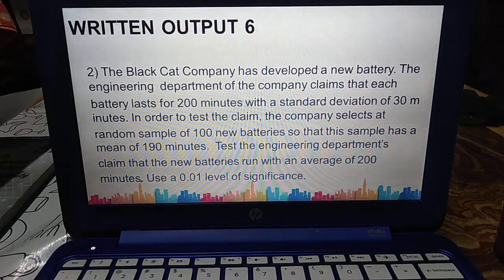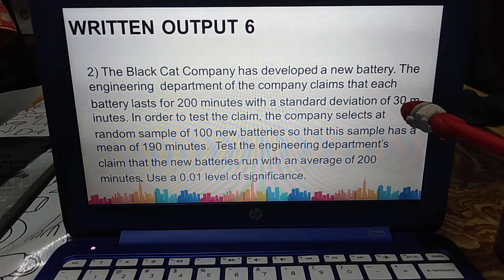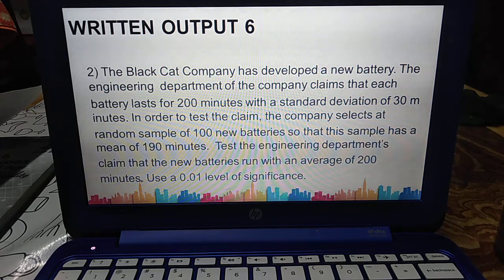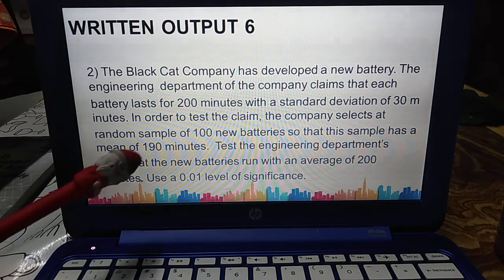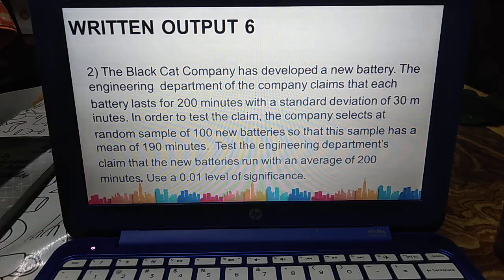Look at this. The mean is 200 minutes with a population standard deviation of 30 minutes. Now, 100 is the number of data that we have, and they were able to get the mean of 190.